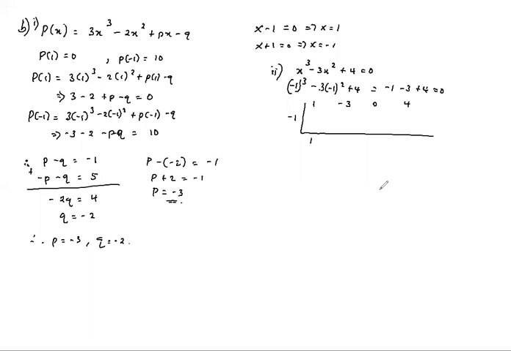-3 minus 2 is -5 here. But these are negatives, and you have negative p minus q. So you have -2, negative outside, minus negative, which is fine.